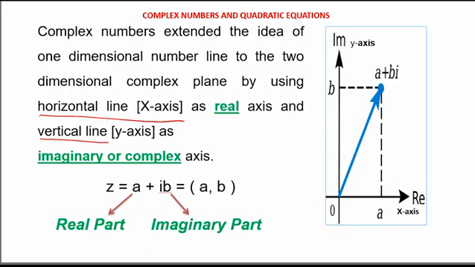Normally, z is equal to a plus ib, the complex number, is further treated as a Cartesian coordinate plane point a comma b. That means the first part is the x coordinate and the second part is the y coordinate. So the x coordinate is the real part and the y coordinate is the imaginary part.